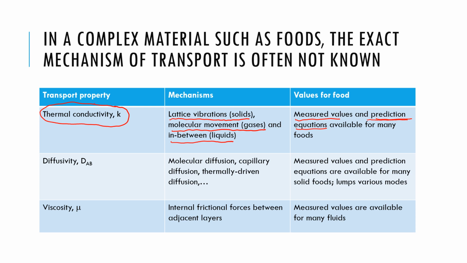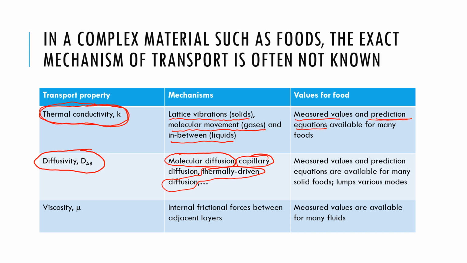And prediction equations are available, but these prediction equations are almost all based on measurements. So then these properties, although those equations are written in a very fundamental way, the way the equations are used is using properties that are from empirical measurements. Likewise for diffusivity. Diffusivity normally represents molecular diffusion, capillary diffusion, then it could have thermal diffusion, all these different mechanisms.